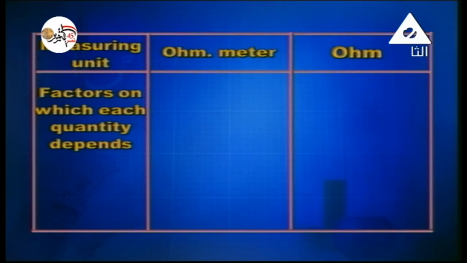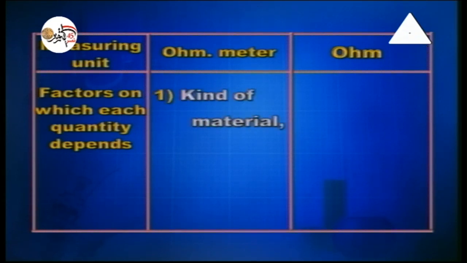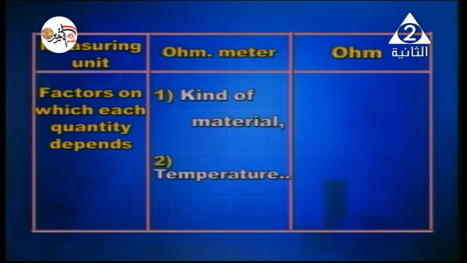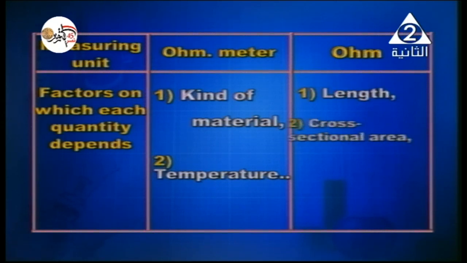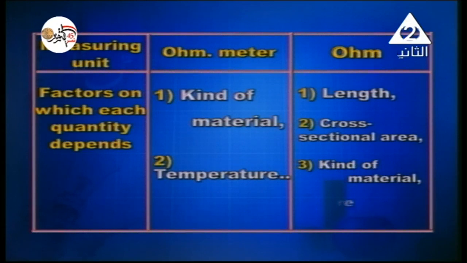The factors that affect resistivity are just two factors: kind of material and temperature. But there are 4 factors that affect the resistance of a wire: length of the wire, thickness of the wire or cross-sectional area, kind of material, and temperature. So there is a major difference between the factors affecting each quantity.